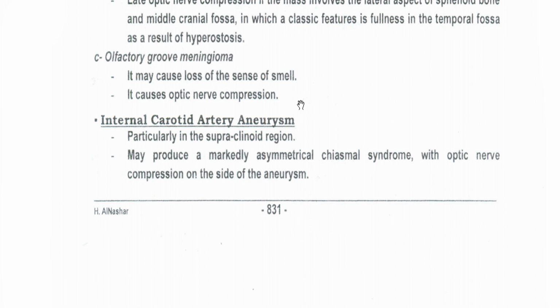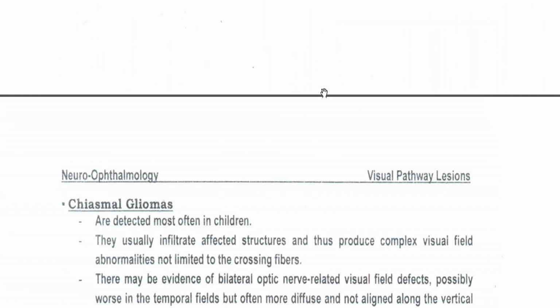Sure, the temporal fibers, because the nasal fibers are inside the chiasma, they won't be affected early. So mainly it is the temporal fibers that will be affected. And according to which internal carotid artery is affected, it may cause an asymmetric chiasmal syndrome. It's not typically bitemporal. Okay, this is the internal carotid.